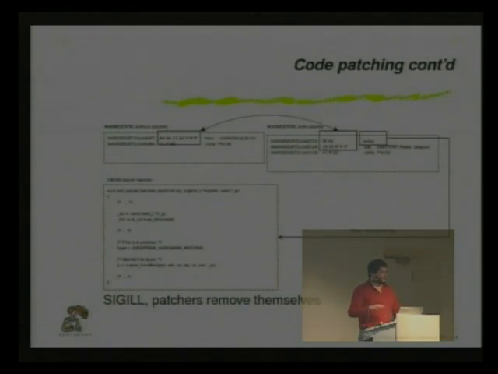Afterwards, the memory is overwritten with the original contents of the instruction, and the address of the method to be executed is inserted. And execution is then continued at the point where the illegal instruction occurred. So it's completely transparent to the program that class loading took place and things like that.